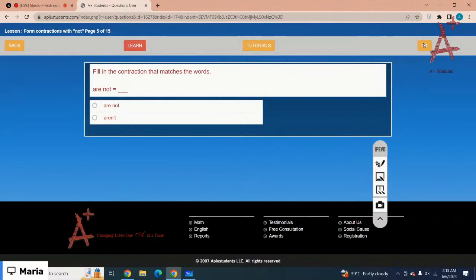Okay, the next one is are not. How do you write are not? You have to skip O from the not and put an apostrophe there, so it would be aren't.